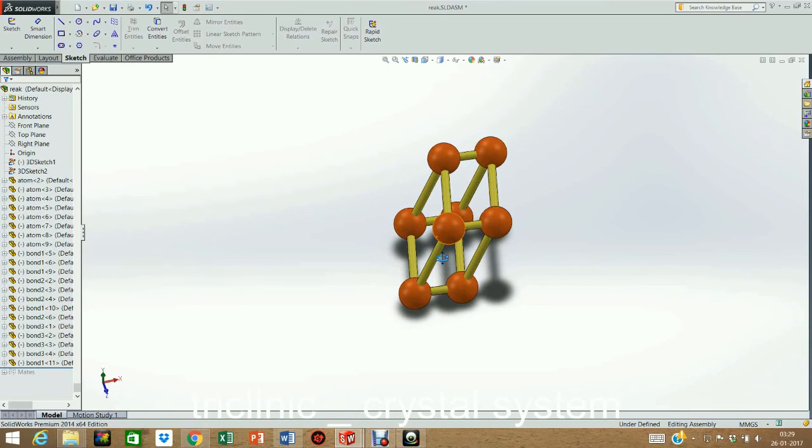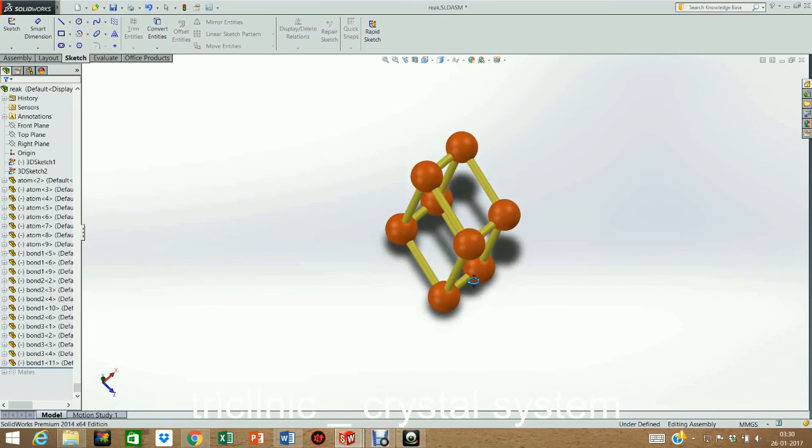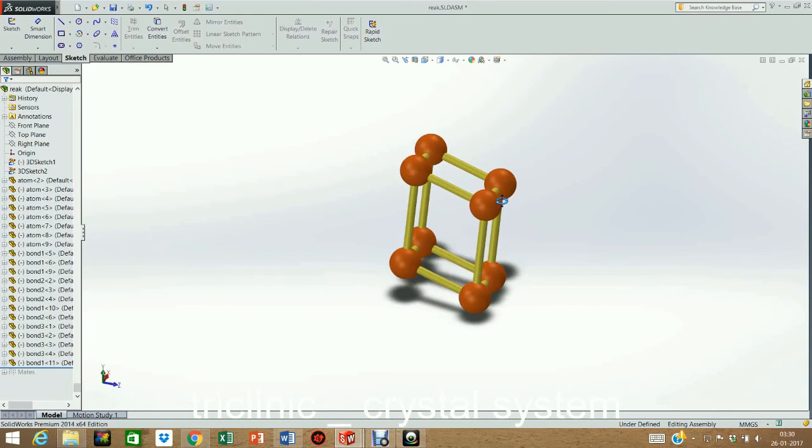Talking about their symmetry, it is the least symmetric out of all 14 Bravais lattices, because of the two conditions. As well, they don't have a mirror plane, so it is much more complicated.